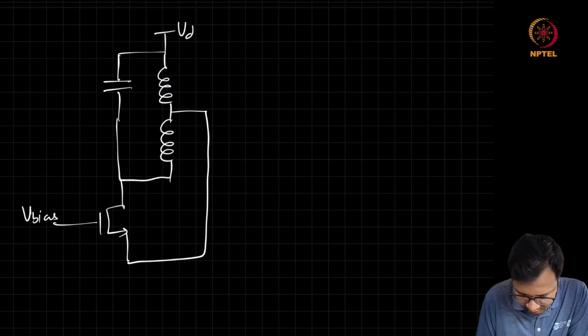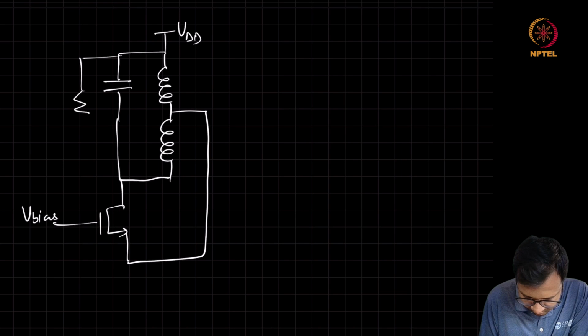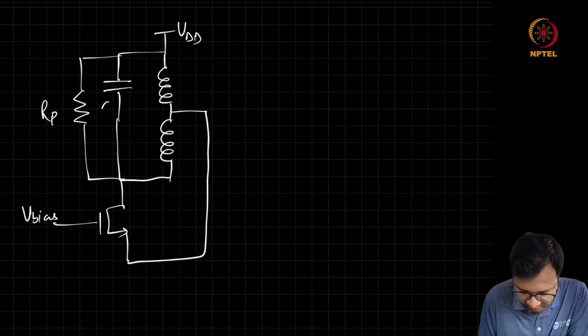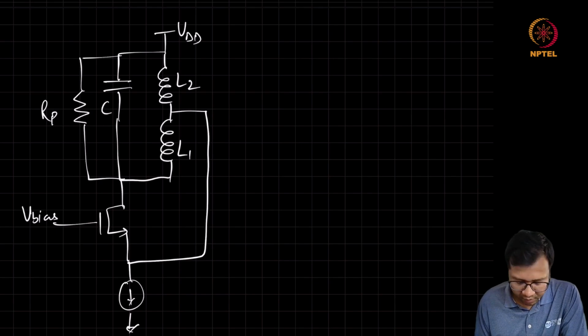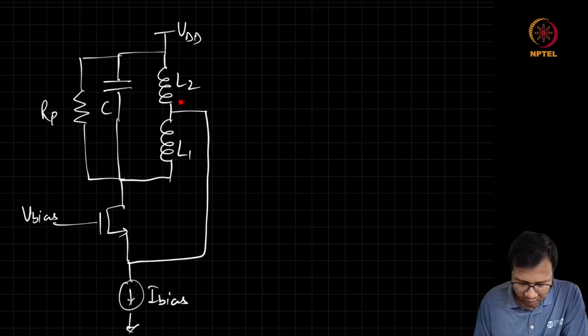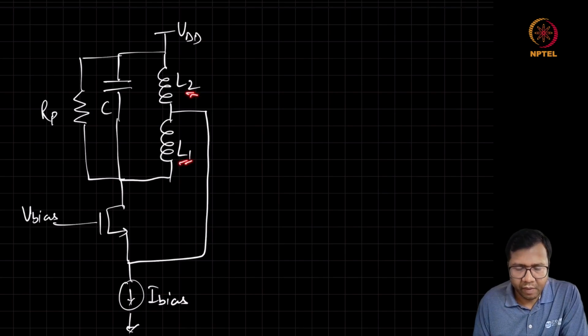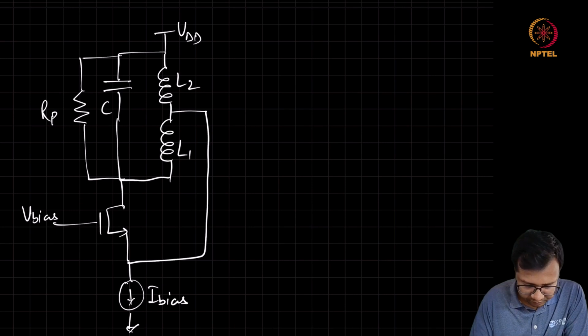Here we have the supply, Rp modeling the loss, C, let's call it L1, L2, and we can connect a current source, the source node for the biasing. And this L1, L2 again can be combined such that we can just take this intermediate node as a tap point in a single inductor to save area.